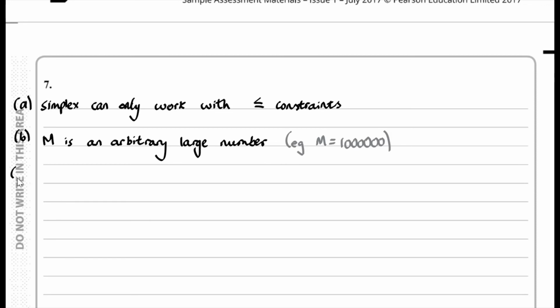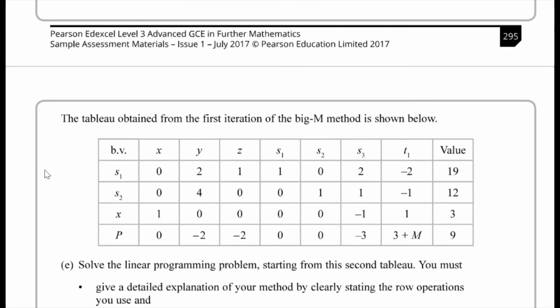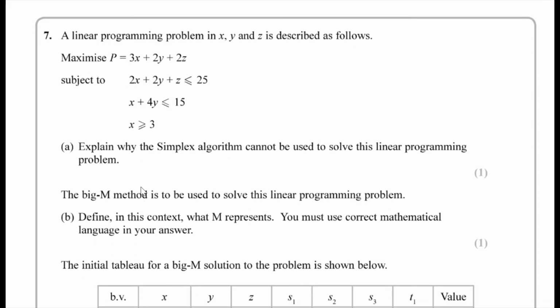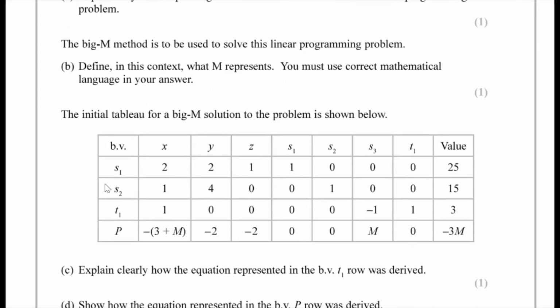Now for part C, the initial table for a big M solution to the problem is shown below, and we have to explain clearly how the equation represented in the basic variable T1 row was derived. So that's this over here.